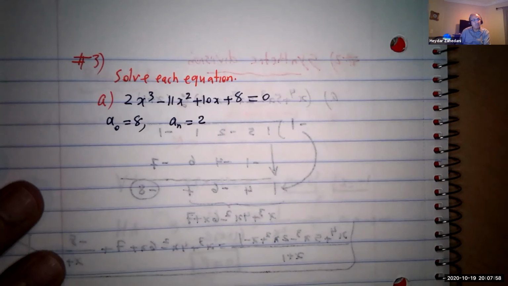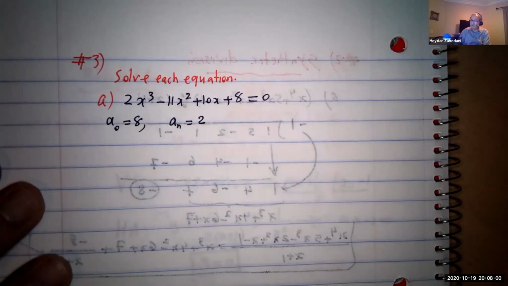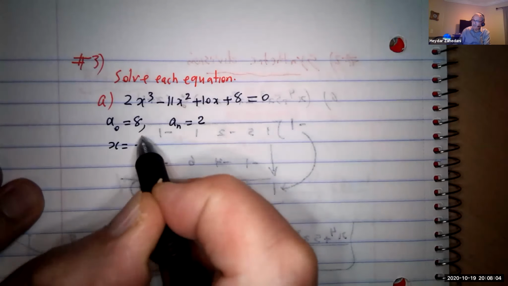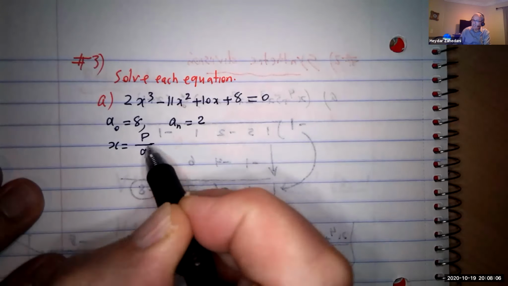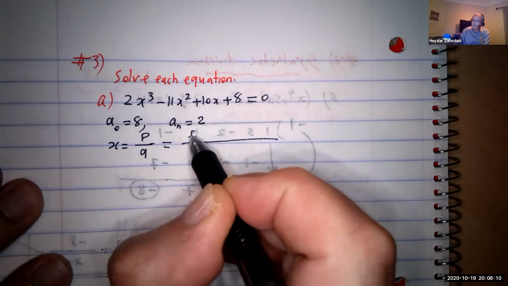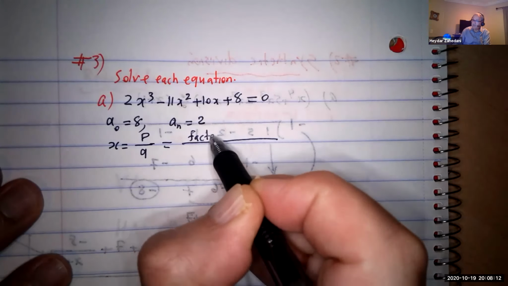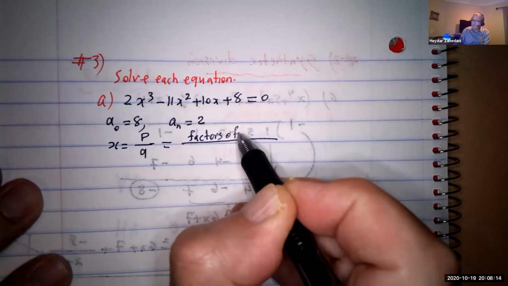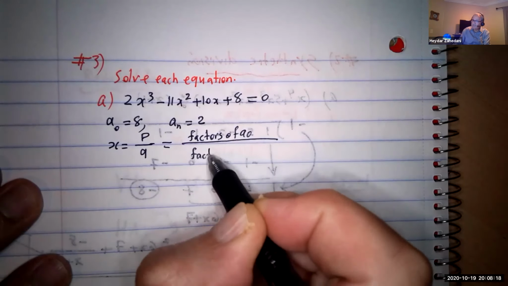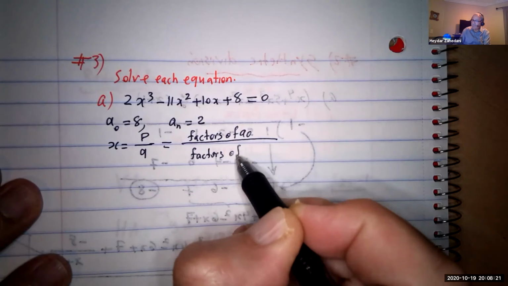So if this equation has a rational solution, the solution is going to be x equal to p over q. Just to remind you, p is the factors of a0, and q is the factors of an.